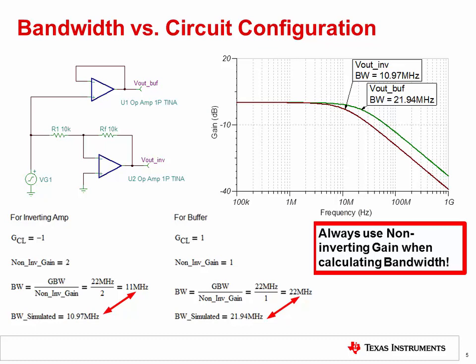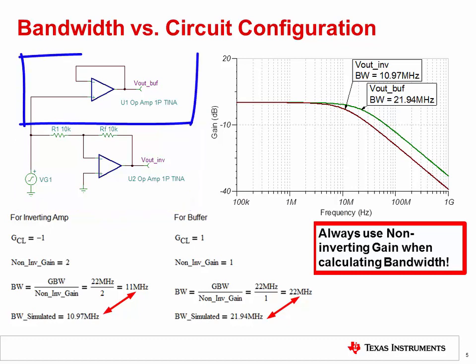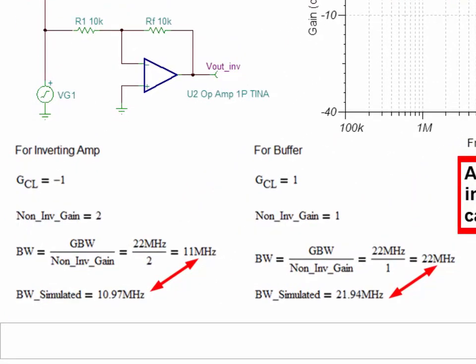This example shows the same amplifier connected in both an inverting and non-inverting configuration. The inverting configuration has a gain of -1, and the non-inverting configuration has a gain of +1. Let's start by calculating the bandwidth for the non-inverting configuration. The bandwidth for the non-inverting amplifier, U1, is calculated by taking the gain bandwidth product and dividing by the non-inverting gain. So, for this example, the bandwidth is 22 MHz divided by 1, which is equal to 22 MHz.